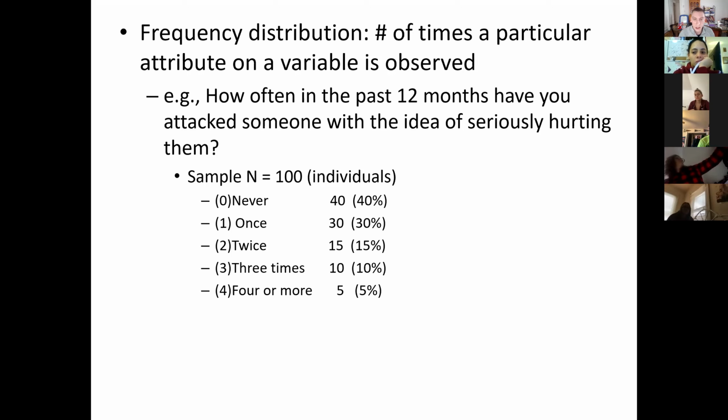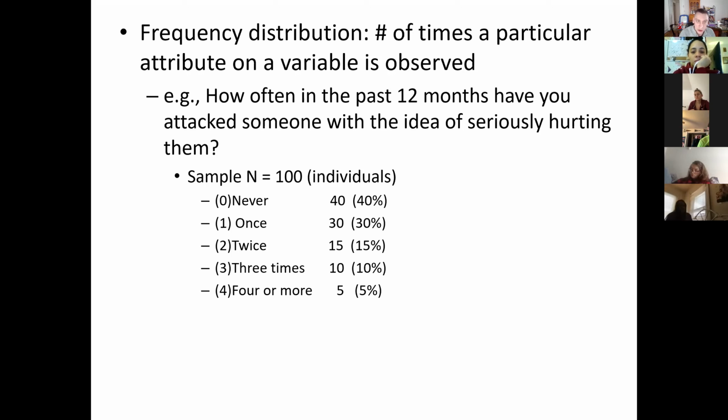So you can see just what percentage of my sample has said that they have never seriously attacked somebody with the idea of seriously hurting them. What percent has said no? What percent has said they've done it 4 or more times?